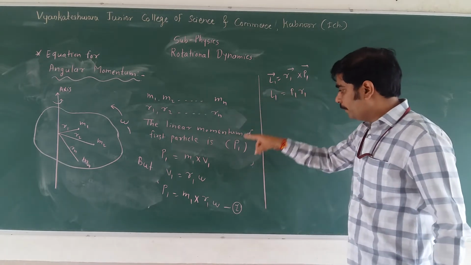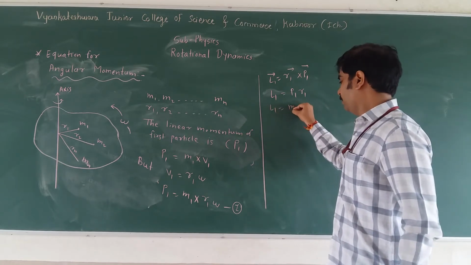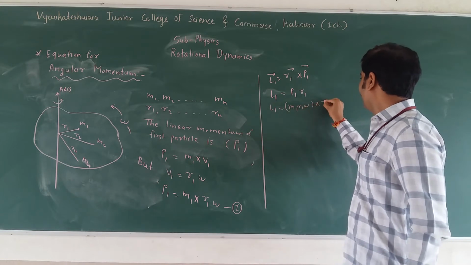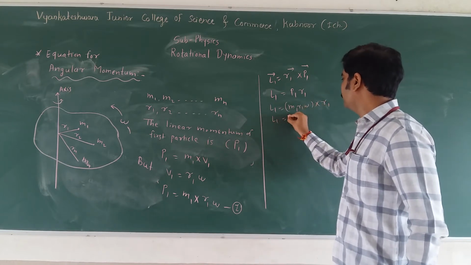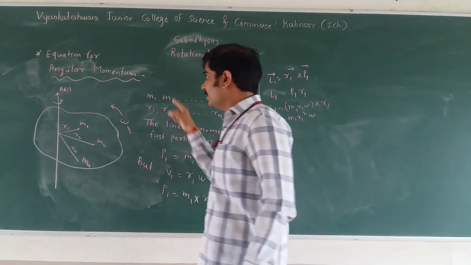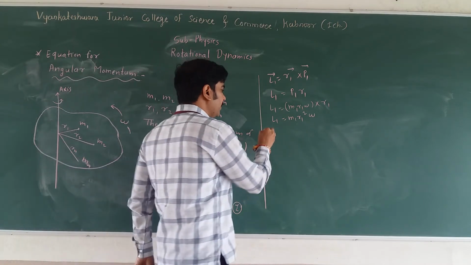What is the value of p1? m1 r1 omega. So L1 is equal to m1 r1 omega multiplied by r1. So L1 is equal to m1 r1 square omega. This is the angular momentum of the first particle.